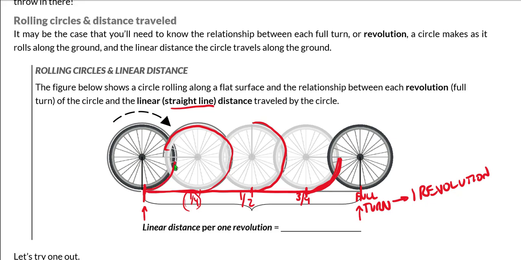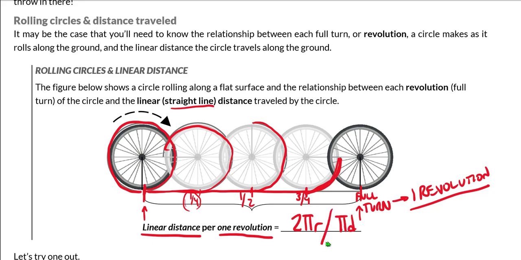Well, remember, the thread itself wrapped around the wheel, which means the thread must be equal to the circumference of the wheel. So after 1 revolution, the linear distance that the wheel has traveled is 2 pi r, or pi d. These two formulas are the formulas for the circumference of a circle.